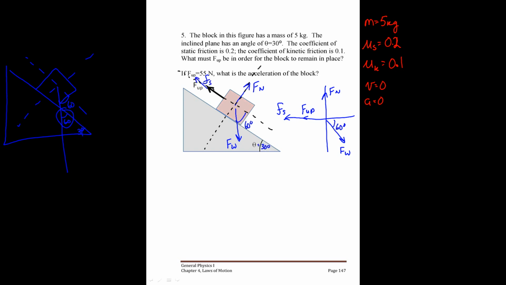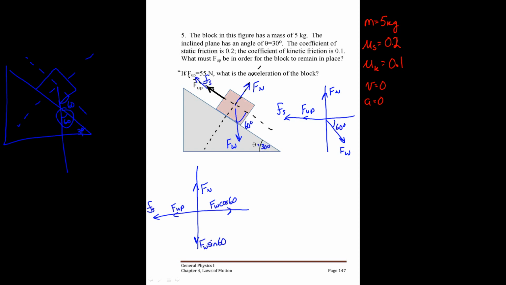It's at 60 degrees. And now I also want to resolve any vectors that aren't on the axis. F n, F up, Fs. This vector is my y component of the weight, Fw sine of 60, and this is going to be Fw cosine of 60.